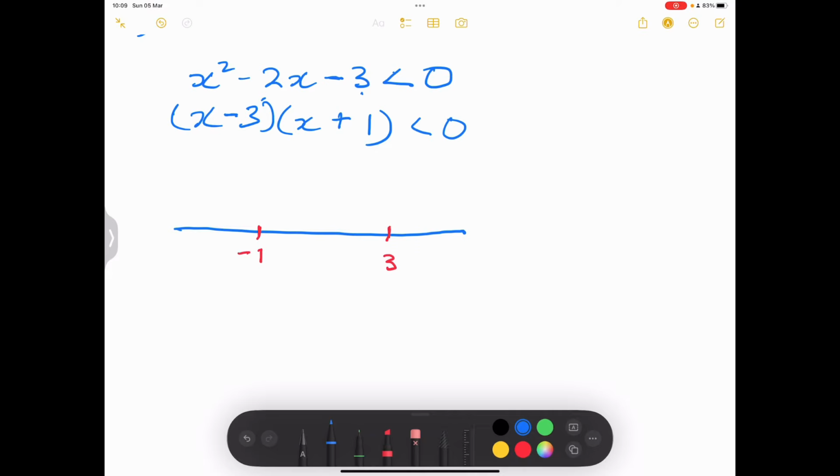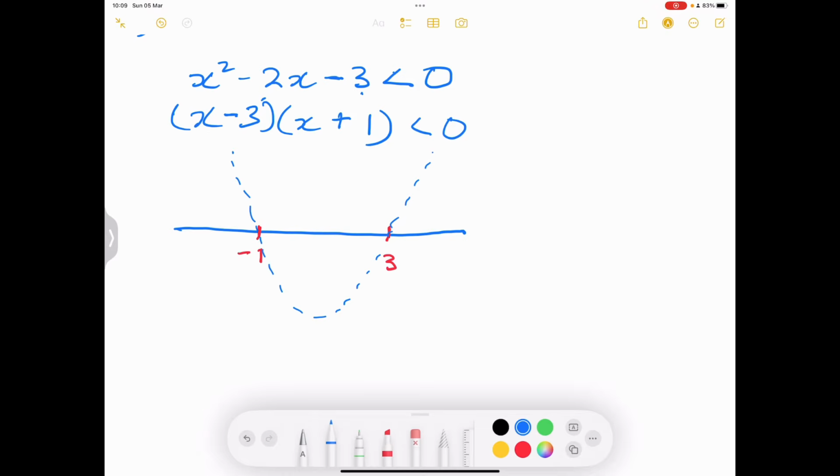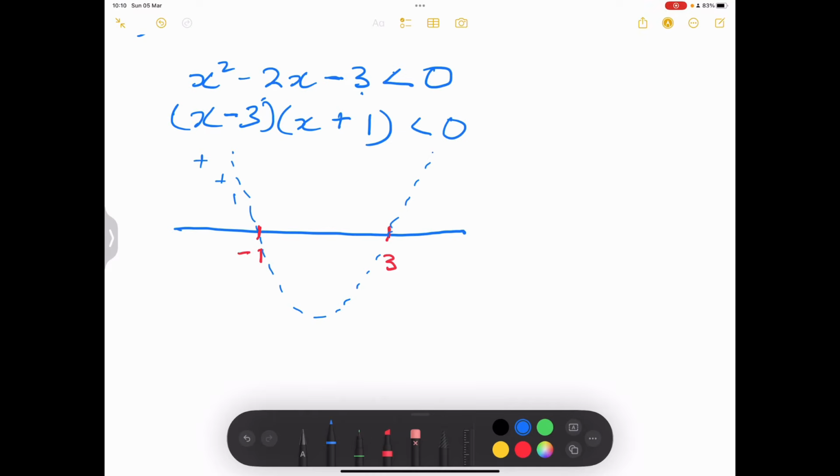Remember, you imagine a parabola. So imagine a parabola there. And in this case, what happens? We know our parabola between negative infinity and negative 1 would be positive, isn't it? For all those values, our y is positive there.